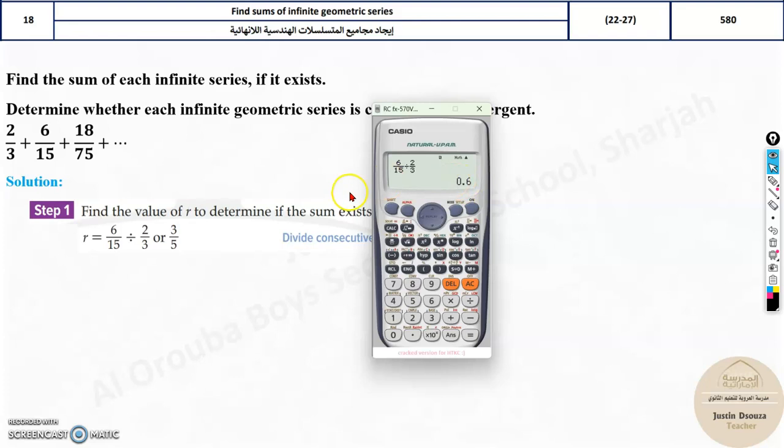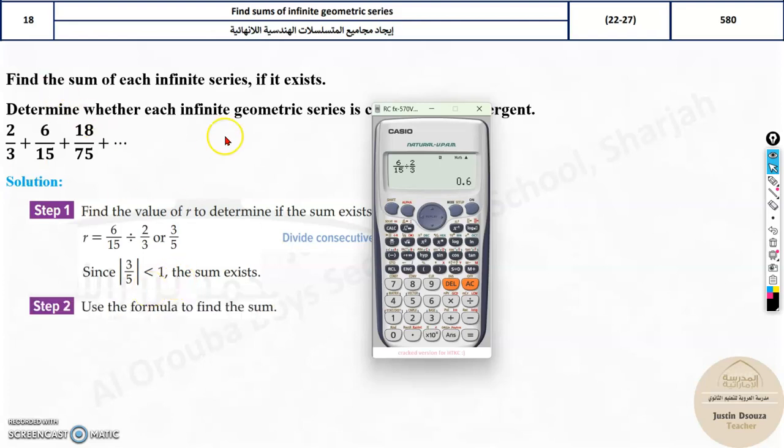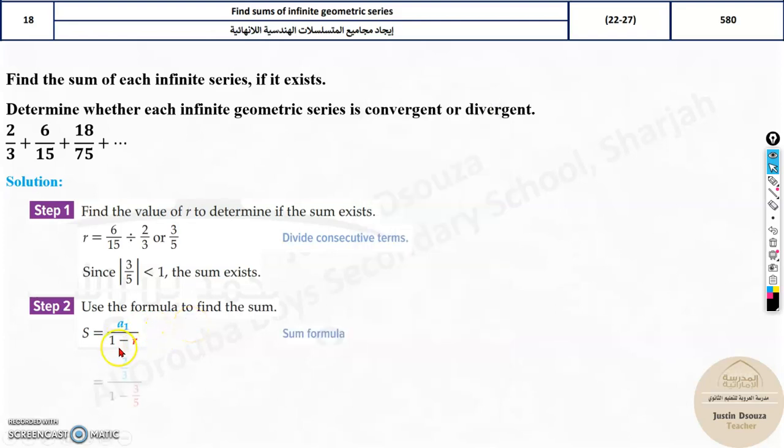So this is less than 1. This does obey this rule, and therefore we can find the sum using the formula, that is S equals the first term divided by 1 minus the common ratio. Now all you're doing is substituting and getting the answer.